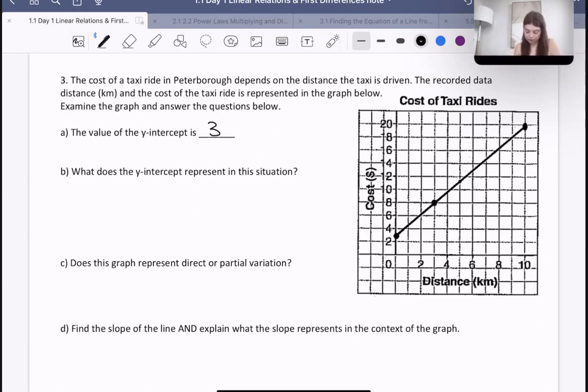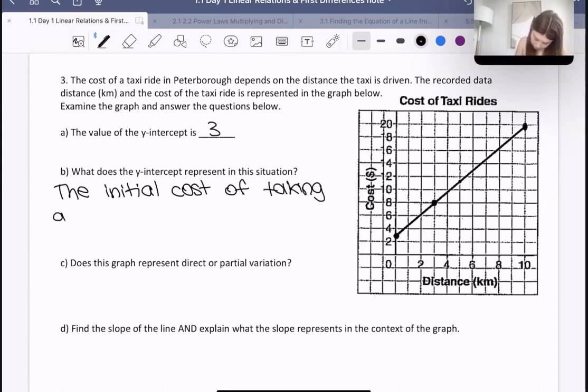So what does the y-intercept represent in the situation? It represents the initial cost of taking a taxi. Good. Okay.